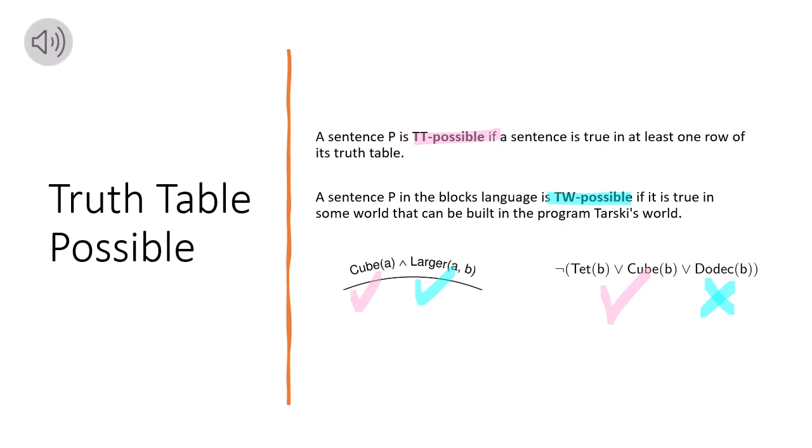On the other hand, if you had a row where all of those statements were false, and that would happen in a truth table, even though it couldn't possibly happen in Tarski's world, then the disjunction would be false and the negation would be true. And so this sentence would actually be truth table possible.